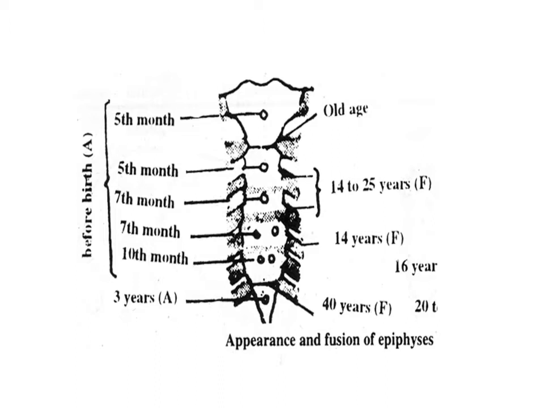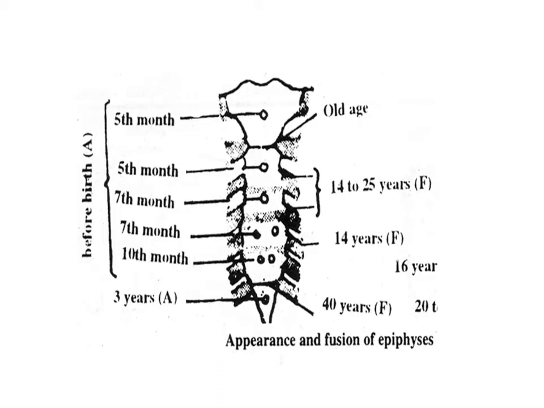The rest of it, from below upwards, is 15, 20 and 25 years. The fusion between the fourth and third is 15 years, the third and second is 20 years, and second and first is 25 years. This is seen in an oblique view, where you can appreciate the fusion of the pieces of the body of the sternum.